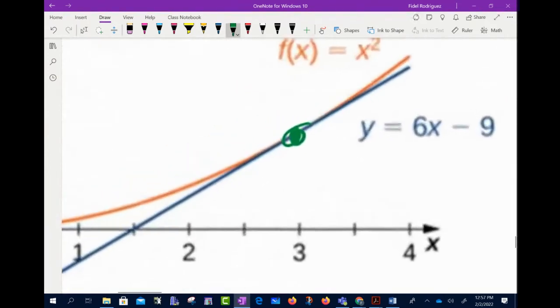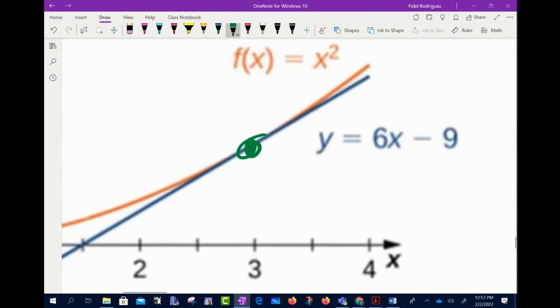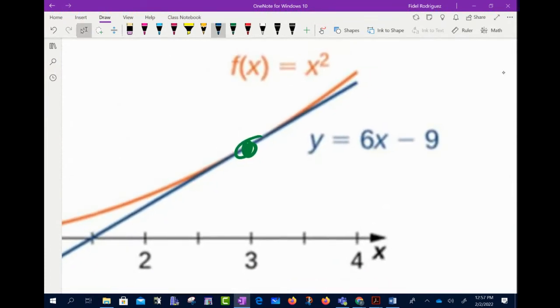What it also tells me is that if I were to zoom in a whole lot, and I can't really zoom in anymore, but if you can imagine me zooming in just a little bit more, say from here to right here, it's really hard for me to distinguish where's the blue line, where's the orange curve, because they look almost the same in that little piece. Does that make sense?